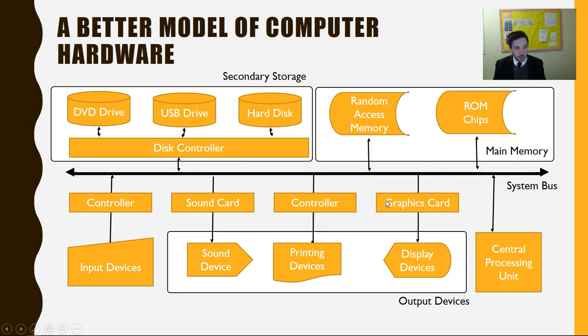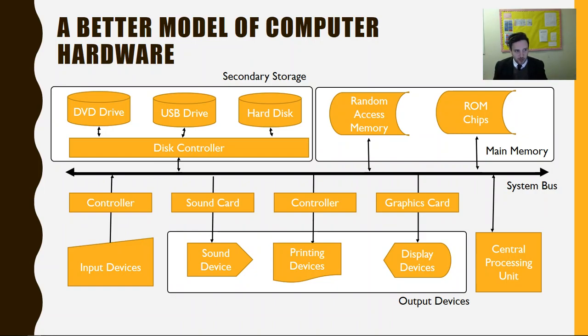Okay, so the 5-box model is a bit of a weak level of understanding. It's what's pitched before GCSE, and so to get into a little bit more detail, we need to introduce a set of wires known as the system bus. The system bus is given the name because it connects the whole system together.